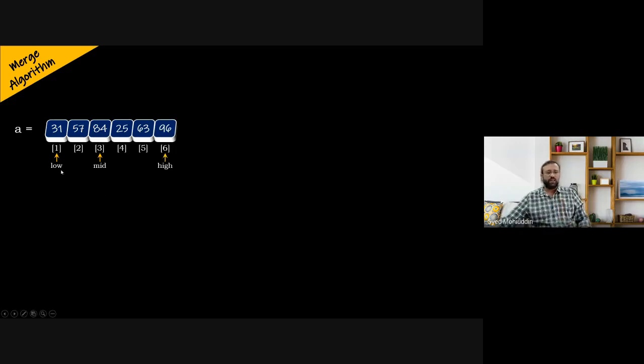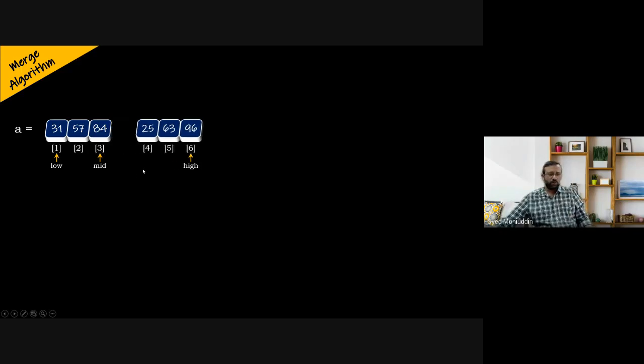So here we have a low index referring to the first index, a high index referring to the last index, and a mid index computed from these two. That is (1 + 6) / 2 = 7/2 = 3.5. The floor value is 3, so index 3 itself.